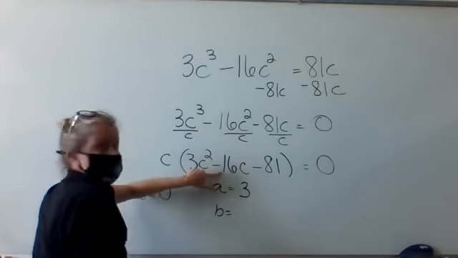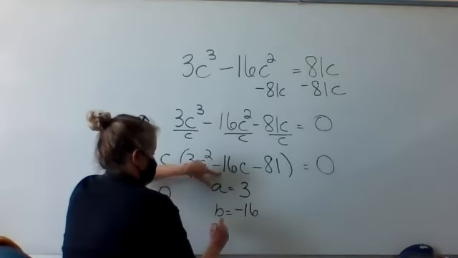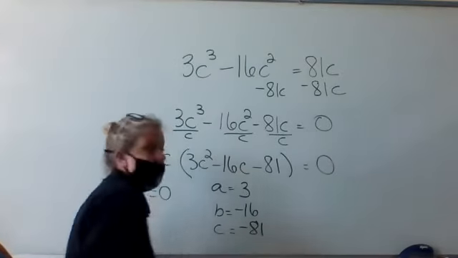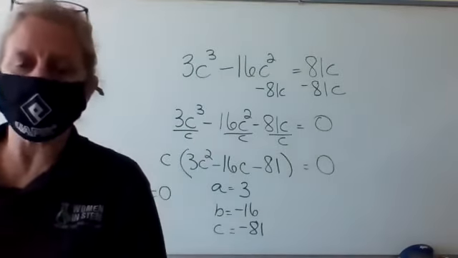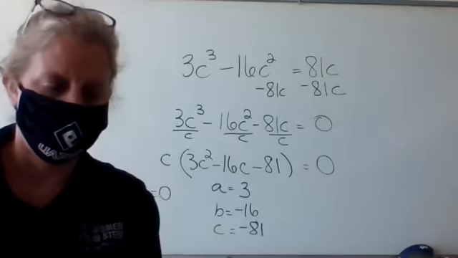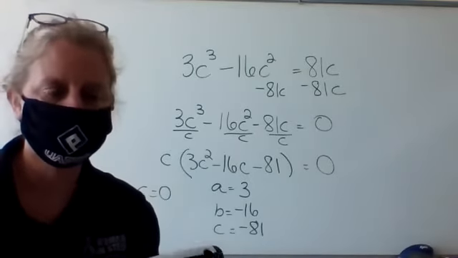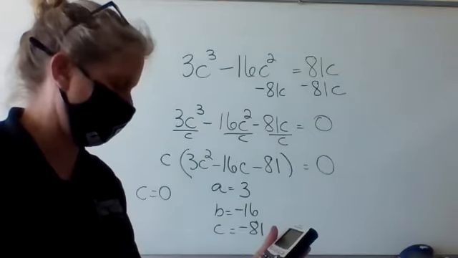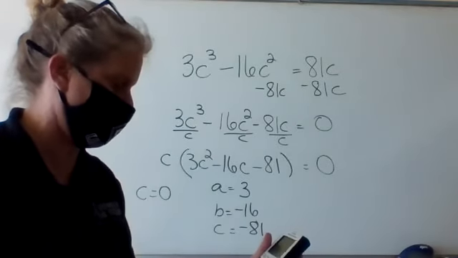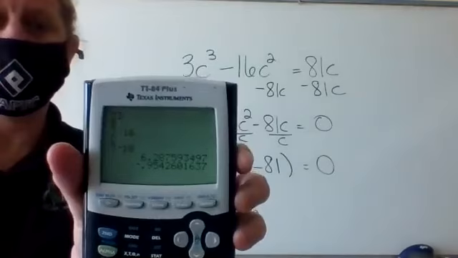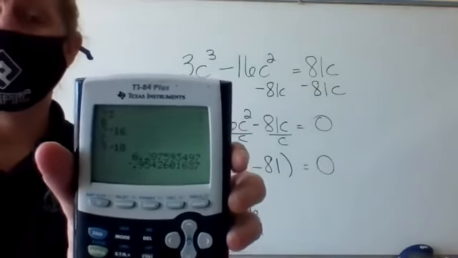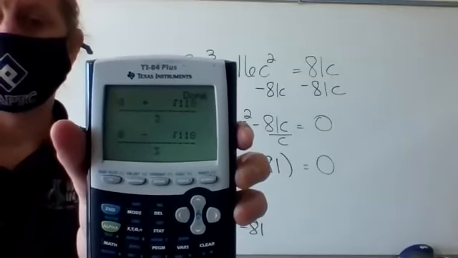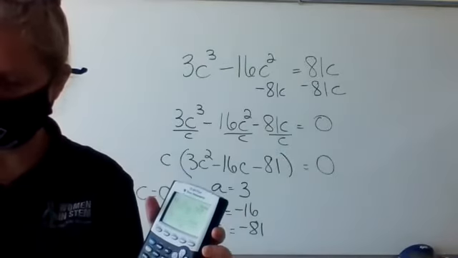What's your B? Negative 16. And what's your C? Negative 81. Put that in your quad program. So again, go back to quad. A is 3, B is negative 16, and C is negative 81. Enter. If you get crazy decimals, hit enter again. And there's your other 2 solutions.